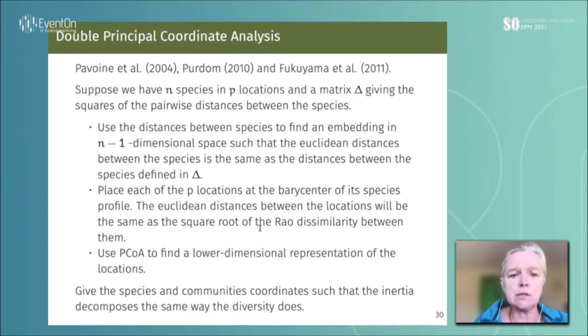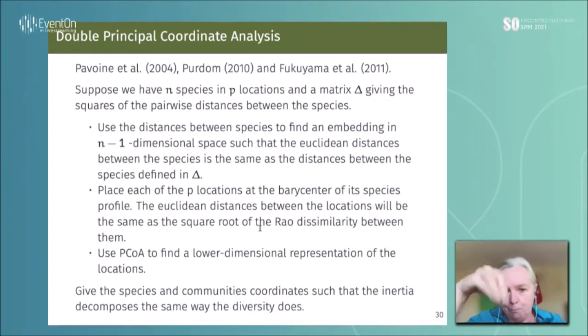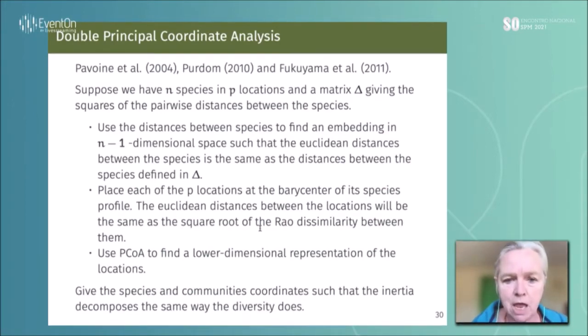So we're going to use this method twice, actually. We use it first with the distances along the tree that I showed you between the species. We find an embedding, and then we use that embedding, but we weight the species according to how much they occurred in the samples. Then we do another ordination, and we take the barycenters and we do multidimensional scaling of this.